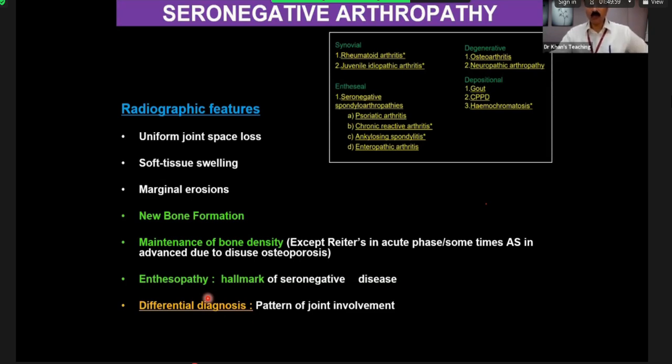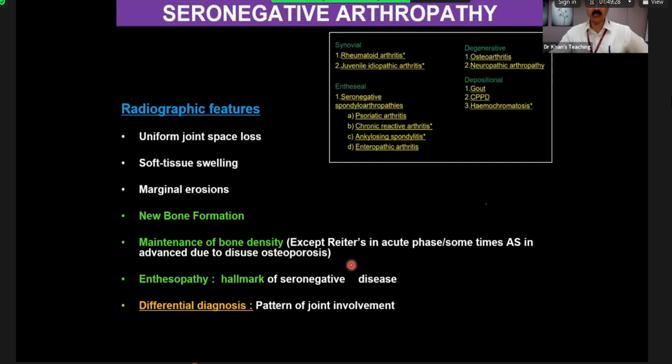Usually, bone density is maintained, so there will be no osteopenia, except in CRA in the acute phase. Please remember that previously, CRA was also known as Reiter's syndrome. We don't use this word now because initially we used to think that CRA can only involve males.